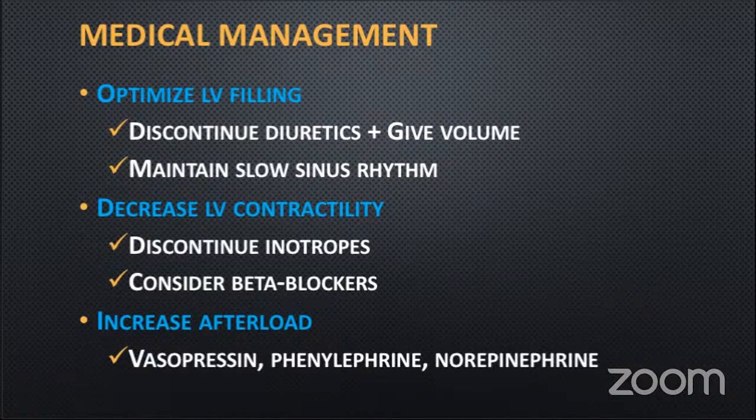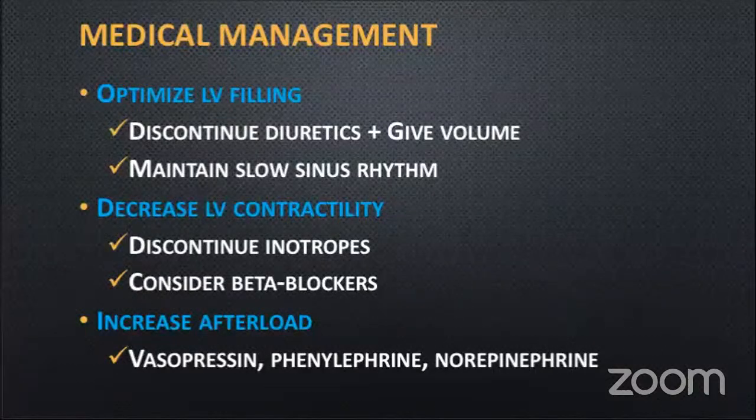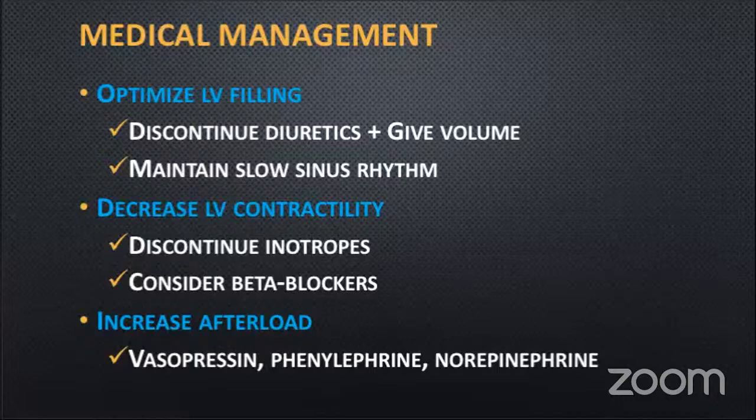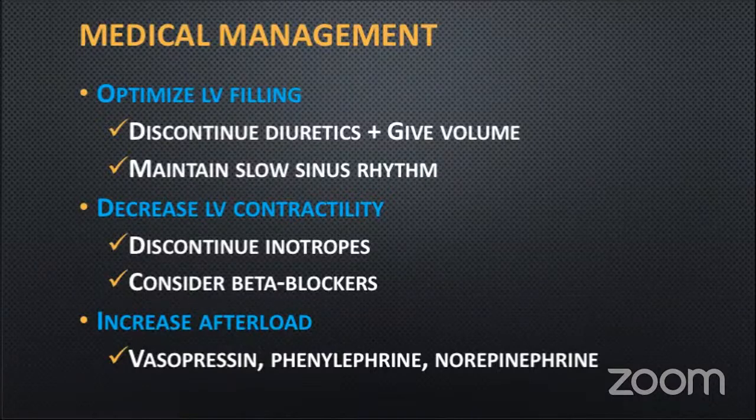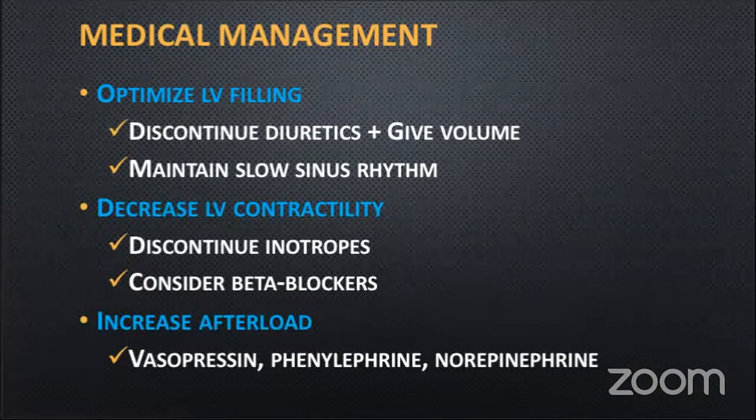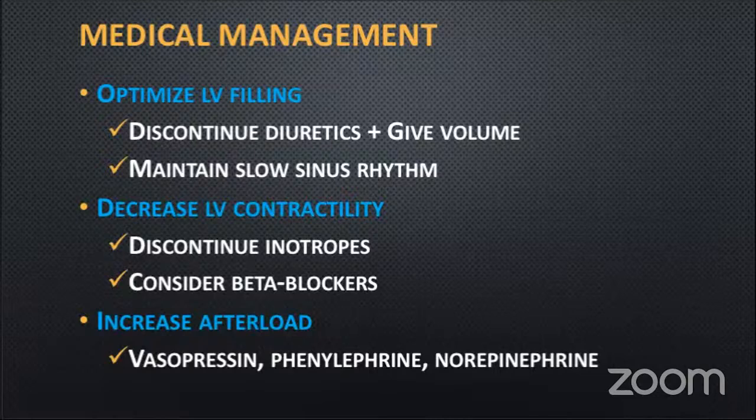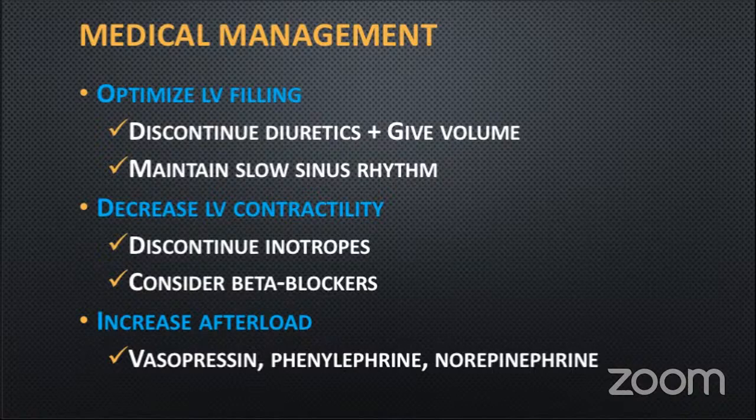Second is to decrease left ventricular contractility by discontinuation of inotropes that can make the ventricle more contractile. We can also consider beta blockers if there are no contraindications, to reach the target sinus rhythm of 60 beats per minute at best.